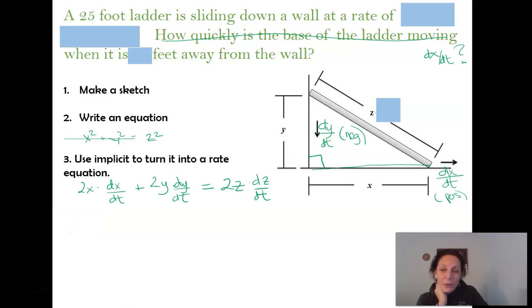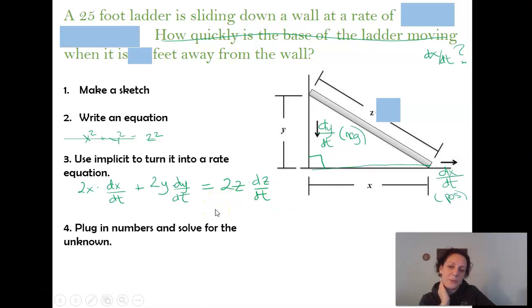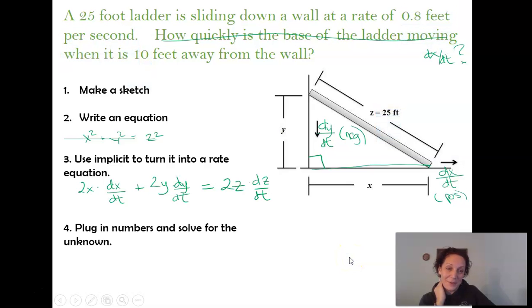Now that we have our equation, we can take a look at numbers. Until you've done the calculus, never, ever look at numbers. So now's the moment when we're going to look at numbers. A 25-foot ladder. So look what we know. z is 25 feet.